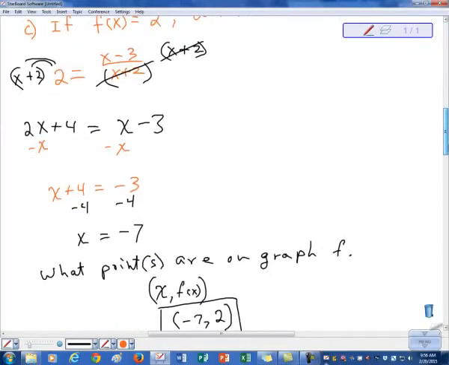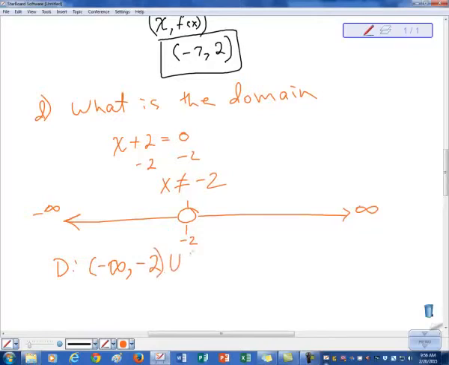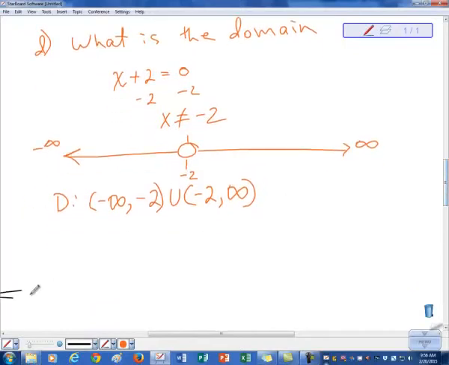So on our number line, we can do anything but negative 2. It's going to be negative infinity to negative 2, open, union negative 2 to infinity.